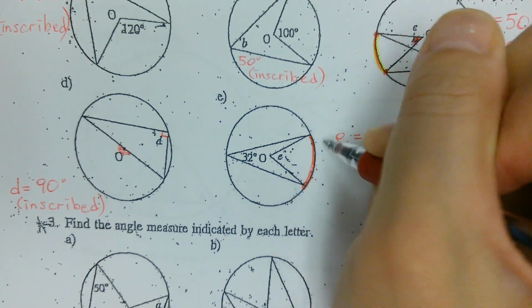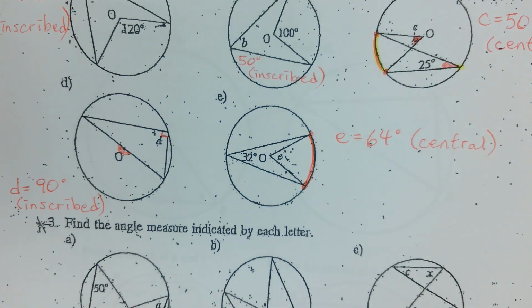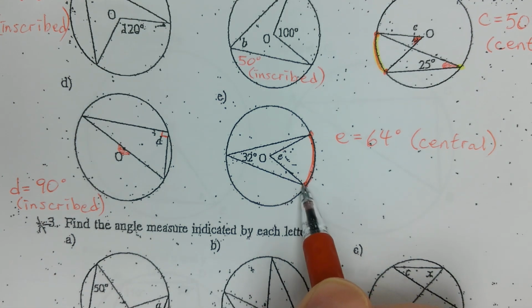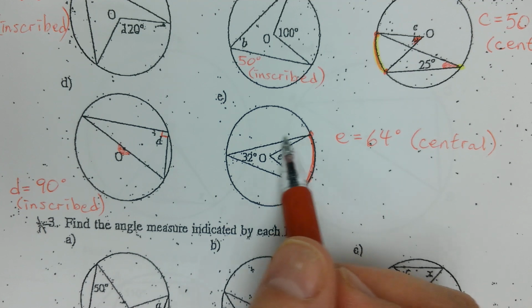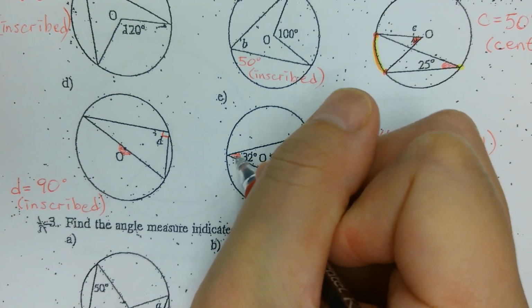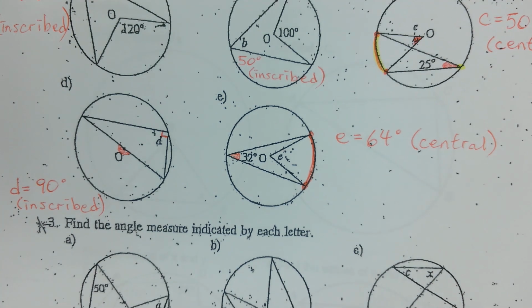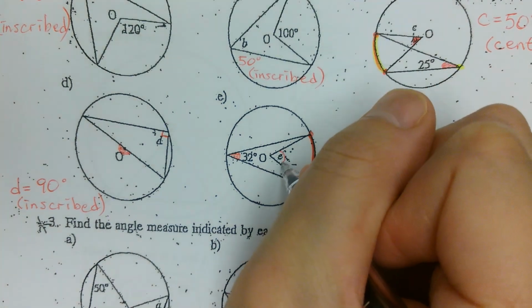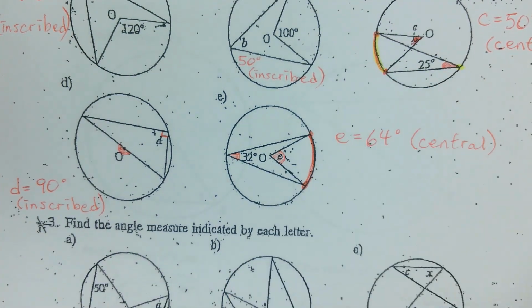You can think of it as like the arrow if it helps you see it better. So this is my arc right here. So going across to my circumference, anywhere on the circumference, this is my inscribed angle, 32. So that means this angle here, that's my central angle, which is double, and it's 64.